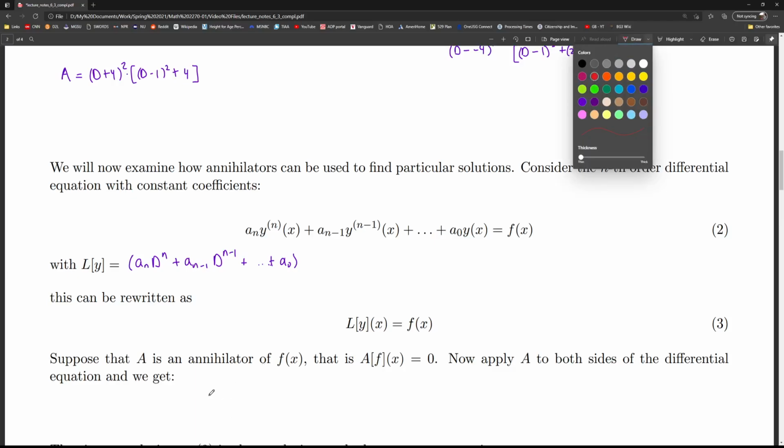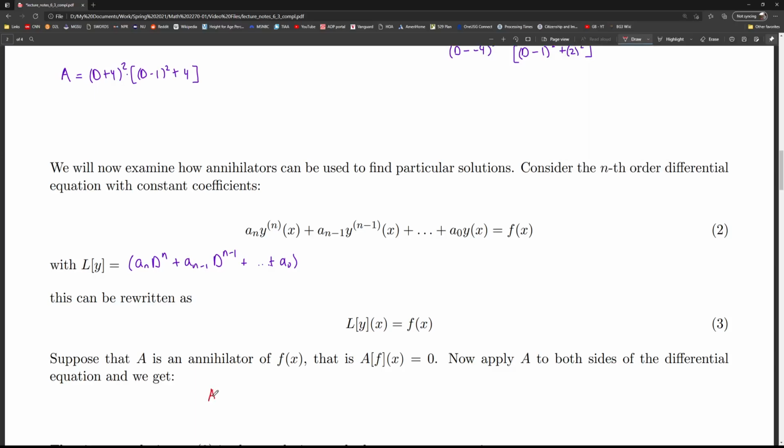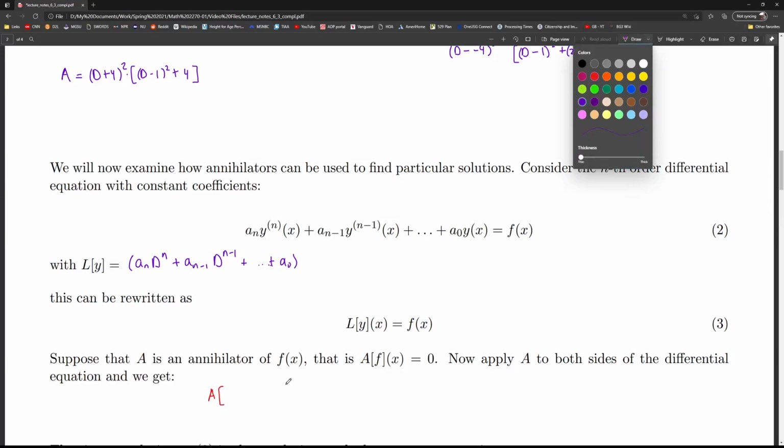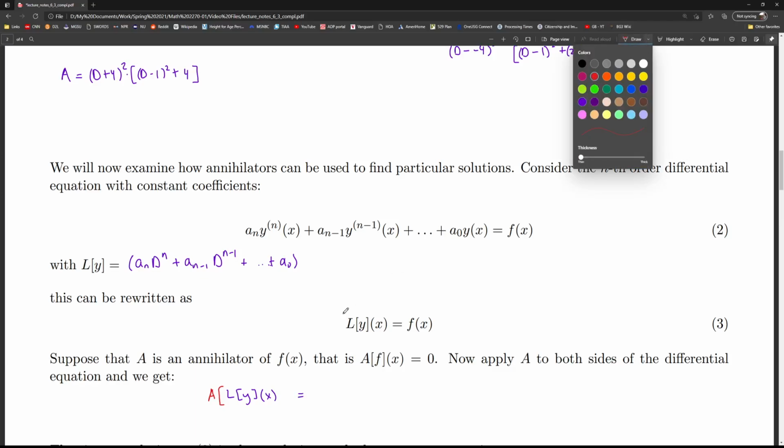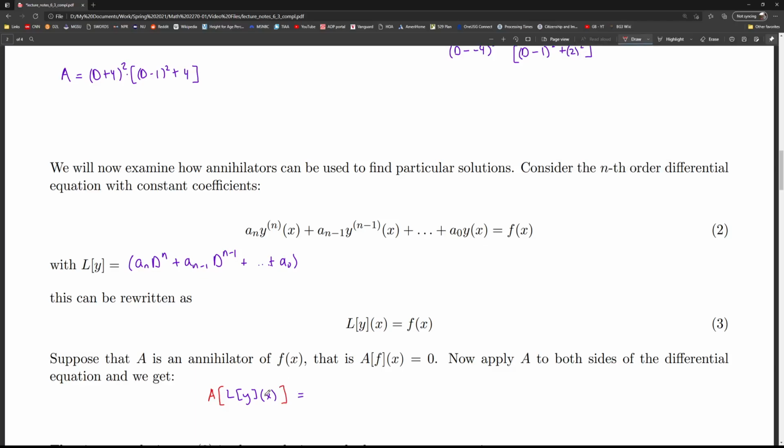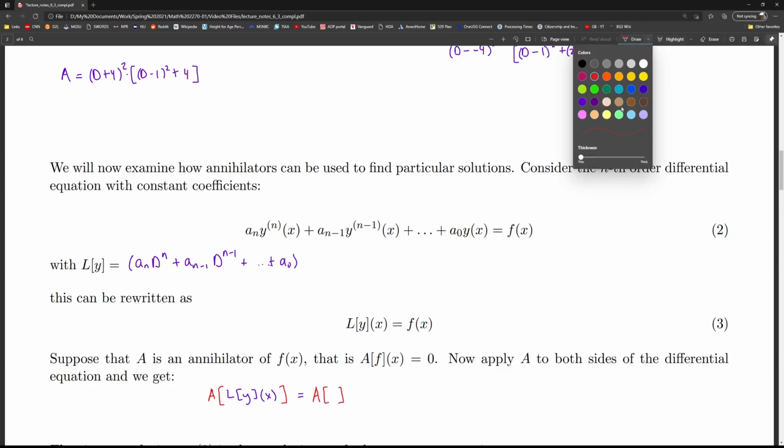I'm going to apply A to the left-hand side, so my left-hand side is L acting on y of x. And then I'm also going to apply A on the right-hand side, so I'm going to apply A of f of x.